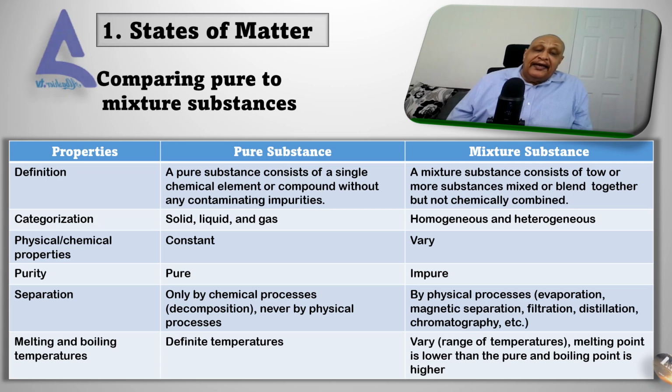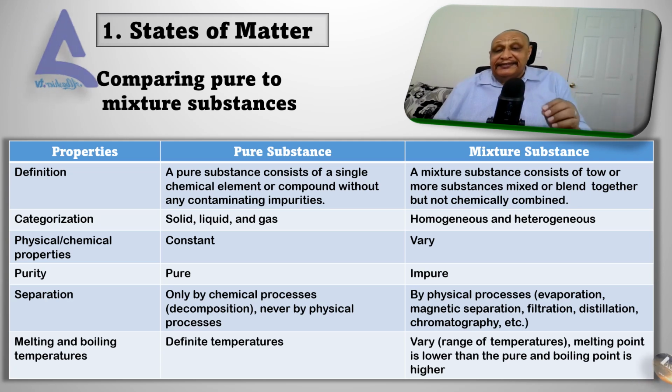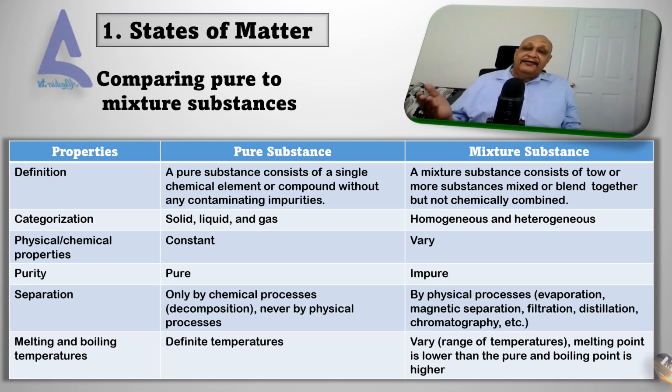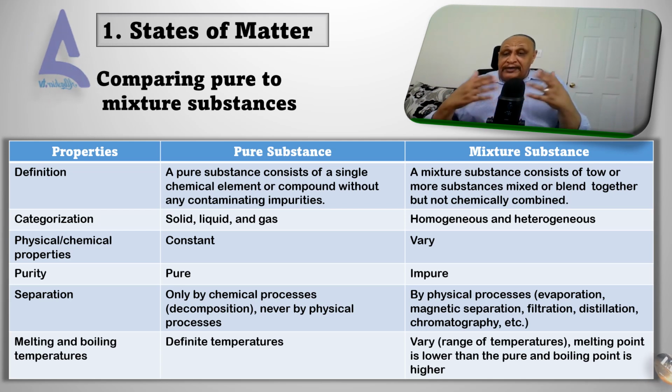Then the last but not least property is melting and boiling temperature. It is a definite temperature in a pure substance. Each pure substance has its definite melting point and definite boiling point. On the other hand, for a mixture it is a range, it's not fixed.